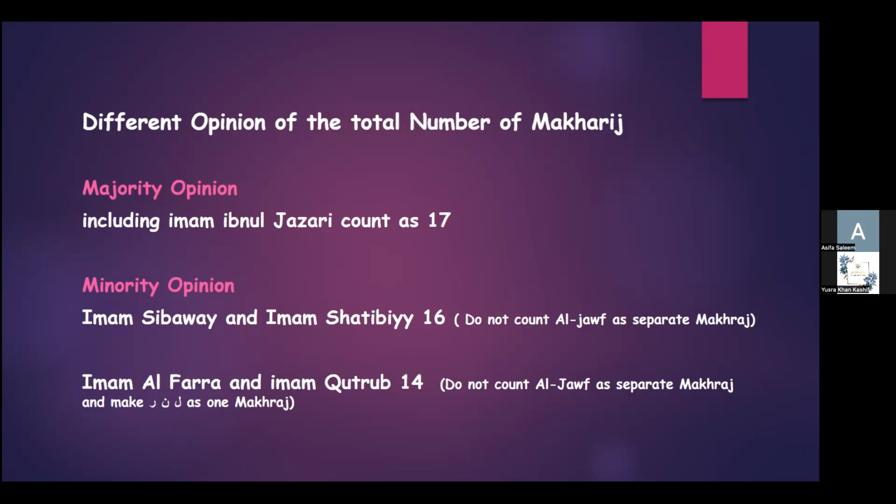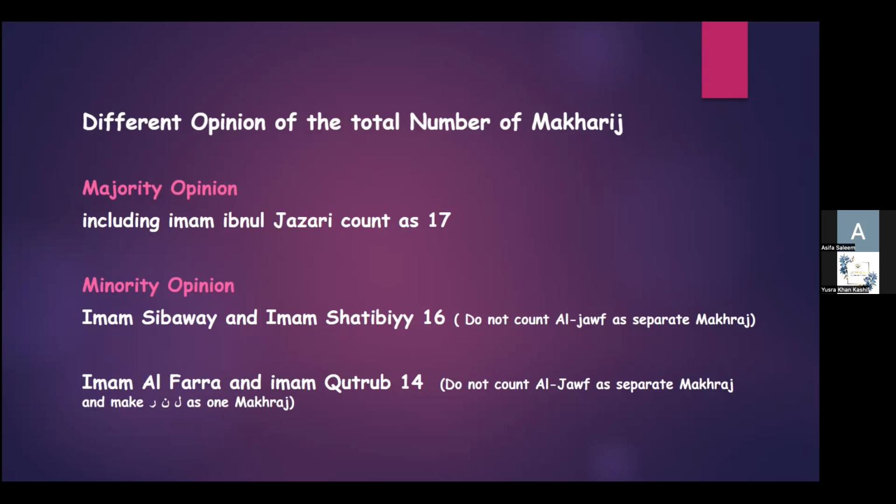So these are the non-mad letters. However, Imam Sibawayh and Imam Shatibi are of the opinion that just like we have waw mutaharika, ya mutaharika, non-mad letters coming from their makharij, not coming from al-Jawf, for the mad letters as well, they count the same makhraj and do not count al-Jawf as a separate makhraj for them.